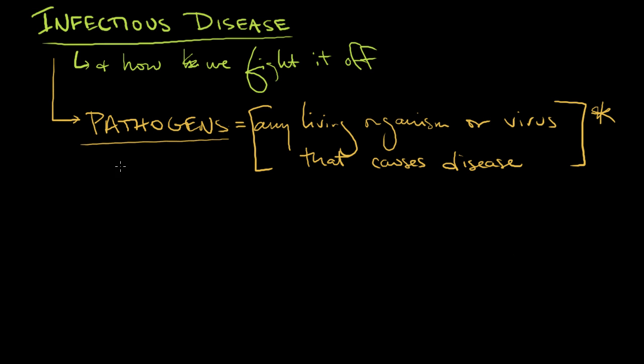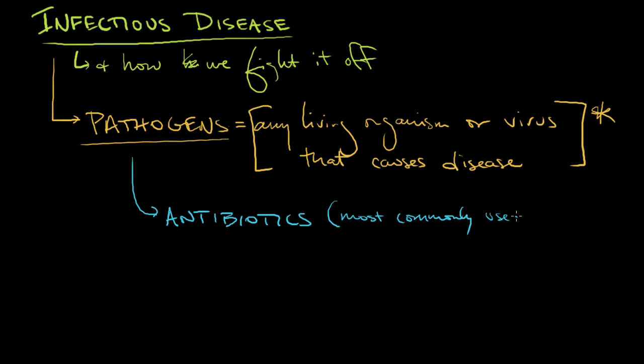But for some of these pathogens, we have these things that you're familiar with that we call antibiotics. So when you go to the doctor and they've determined that you've got, let's say, a bacterial infection, which is what antibiotics are most commonly used for.